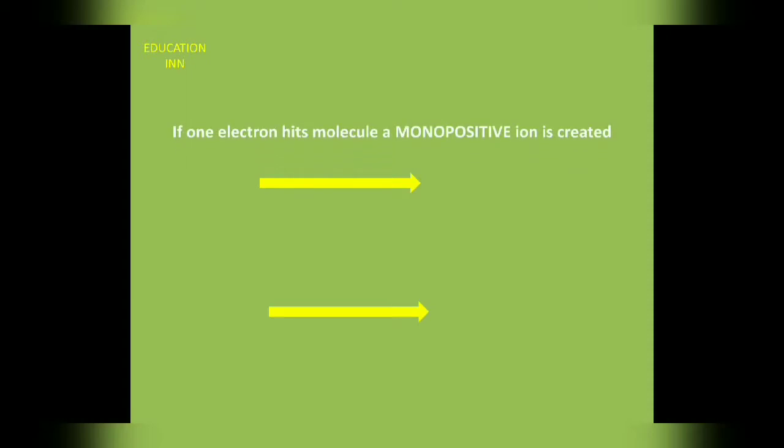If one electron hits a molecule, a monopositive ion is created. Monopositive ion means an ion with single positive charge. But if two electrons hit a molecule, dipositive ion is created. Dipositive means the molecule will have two plus charges.